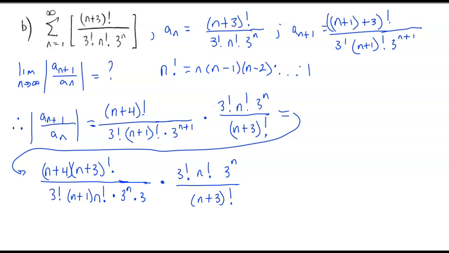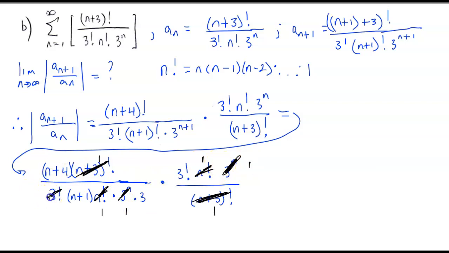And so now we're at a point to where we can reduce some things to 1 here. So to start off, we know that this n plus 3 factorial and this n plus 3 factorial will reduce to 1. We also have this n factorial and this n factorial reducing to 1. We have this 3 raised to the n and this 3 raised to the n reducing to 1.